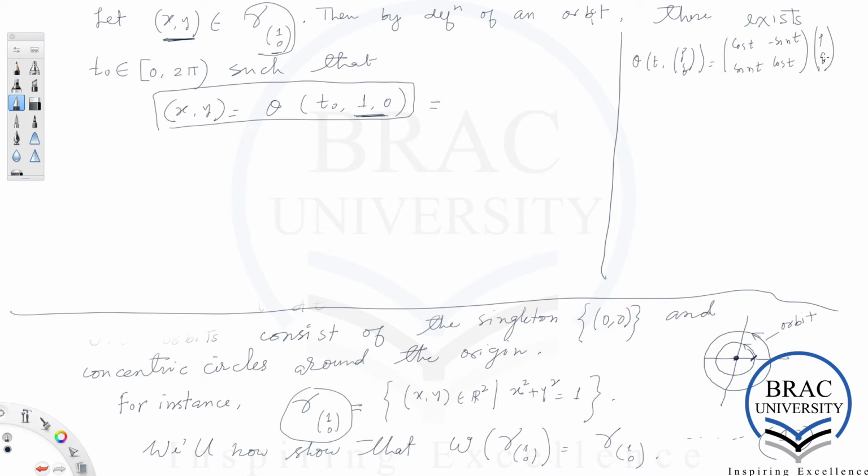So this was the definition of the flow map. Using this definition, we take t to be t0, p to be 1 and q to be 0, and then this becomes cosine t0 and sine t0. Okay, good. So far so good. So this is how the orbit looks.